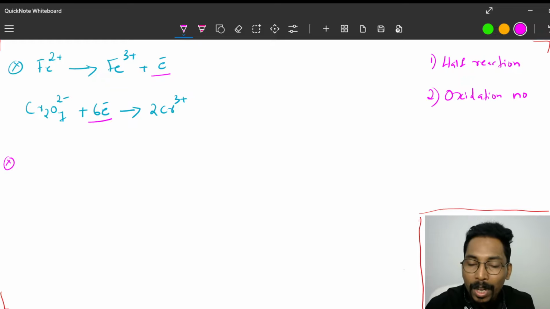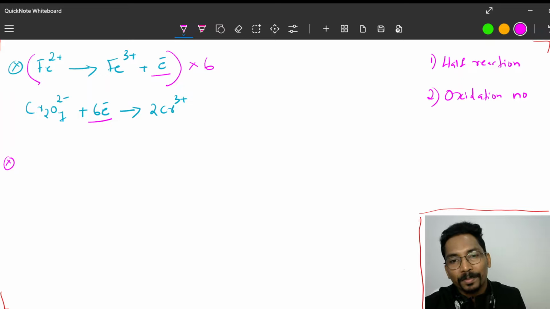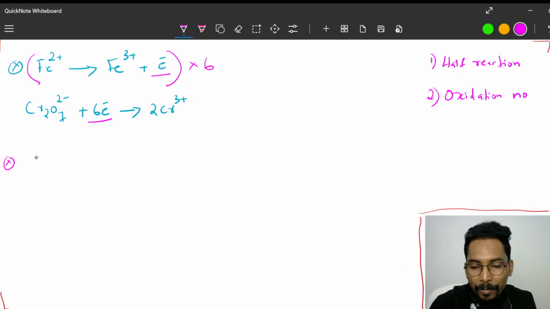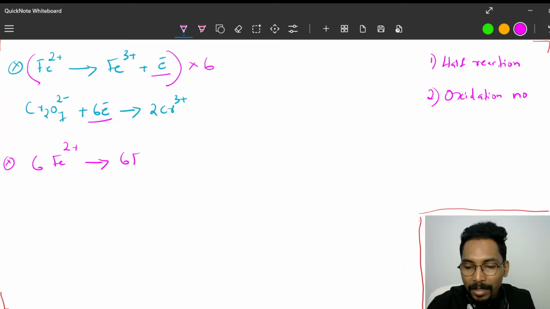So how can you make the number of electrons equal? By multiplying the first equation by 6, you can make that. So how will that be? 6 Fe2+ gives 6 Fe3+ plus 6 electrons.